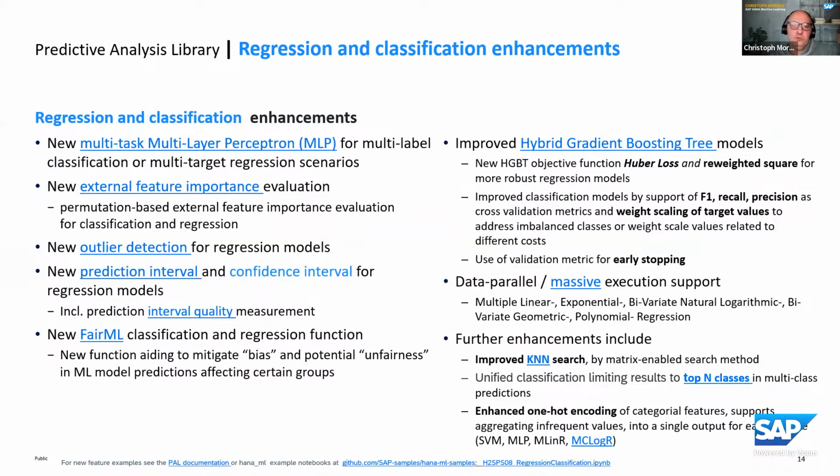A key feature which we'll see in all the categories is this data parallel massive function execution, where basically you call an algorithm, a PAL function, but in your data set you have a column which you can think of as a by group in the sense of a SQL select statement, and you can apply the process by this column or the values of this column, invoking the algorithm in parallel on each of the subsets in the data identified by this by group.